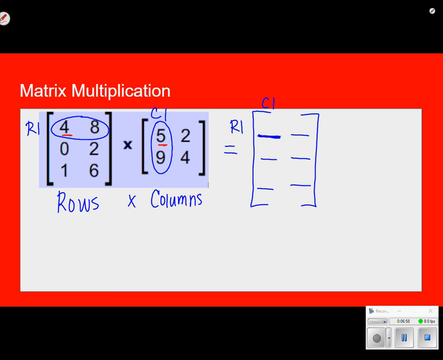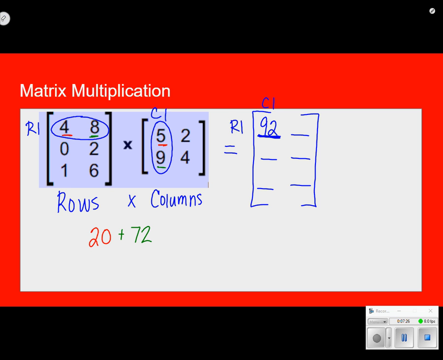So tell me about 4 times 5. That's 20. And then I'm going to multiply the second things together. 8 times 9 is 72. And I'm going to add those two numbers together, and the sum gets put in row 1, column 1. So 20 plus 72 is 92.